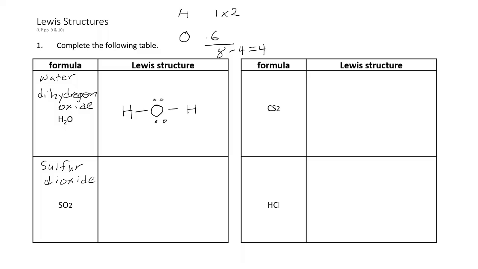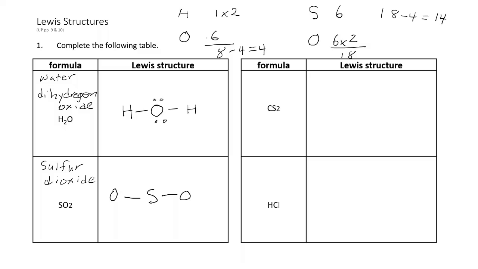Okay, so we have S and we have O. S is 6 valence electrons, O is 6, but there's 2 of them, so you have to multiply by 2. 12 plus 6 is 18. Okay, I'm going to put the sulfur in the middle. I'll put an O over here, and how about if I put an O over there? So 18 minus 4 equals 14.